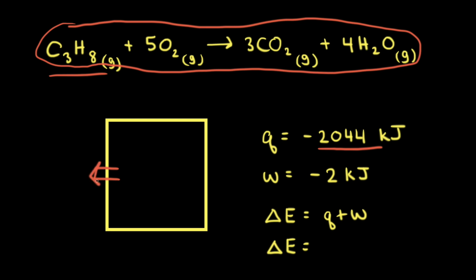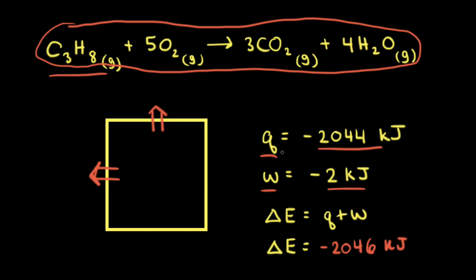So that's the heat that's transferred from the system to the surroundings. The system also does 2 kilojoules of work on the surroundings. So by convention, we make that negative. To find the change in the internal energy of the system, we add Q plus W and get negative 2,046 kilojoules.